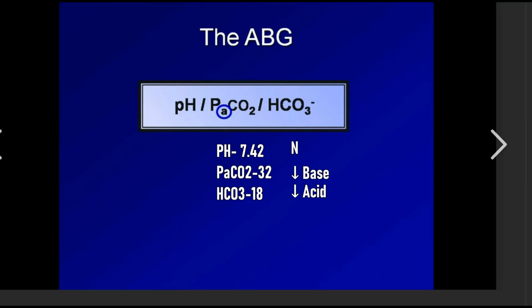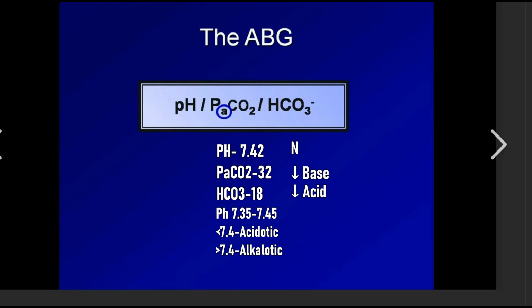Now you have to figure out whether the ABG is towards the acidosis or alkalosis side. So the pH range is 7.35 to 7.45. Let's take the middle value 7.4. Anything less than 7.4 is towards the acidotic side, and anything greater than 7.4 is toward the alkalotic side.